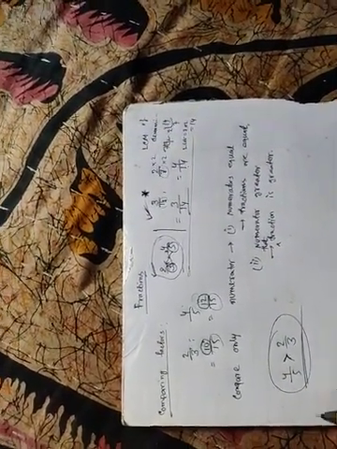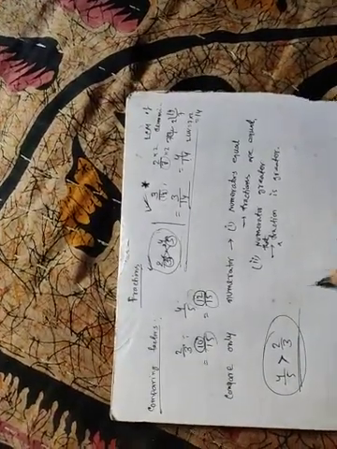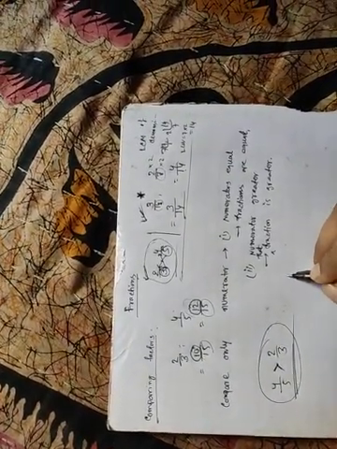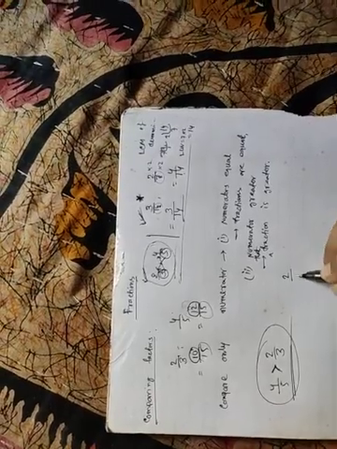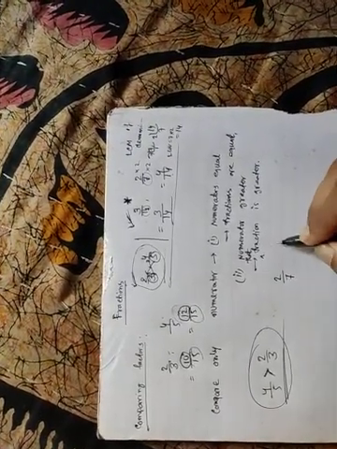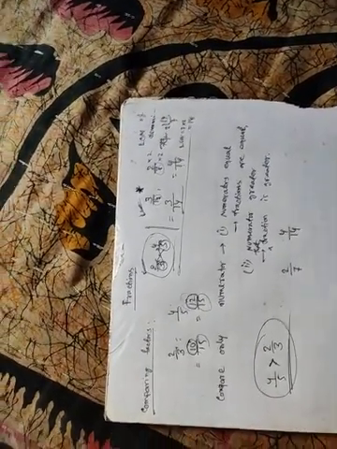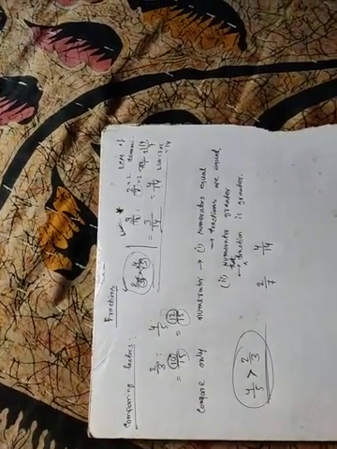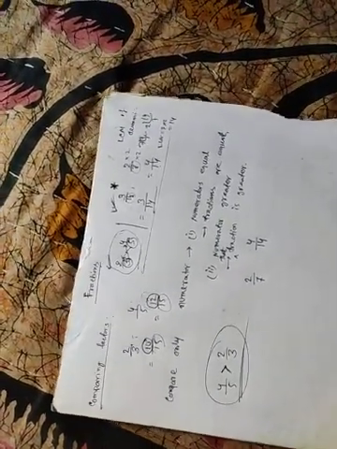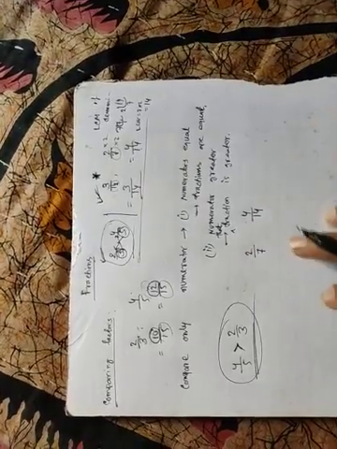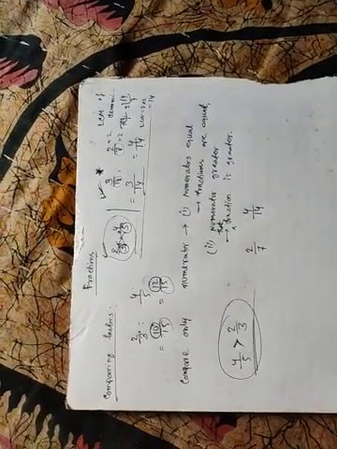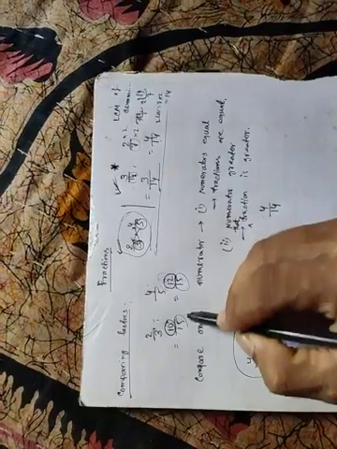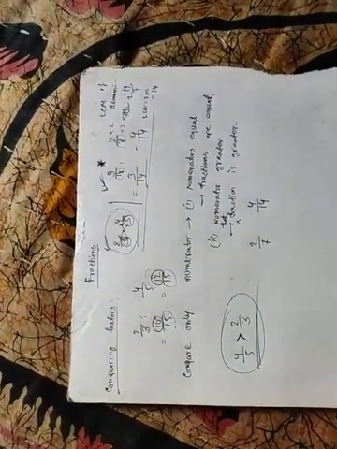So I am giving another example. Suppose you are given two fractions like this, 2 upon 7 and 4 upon 14. For this kind of sum, first you have to convert them into like fractions. But I am telling you, it is not needed to multiply the denominators.